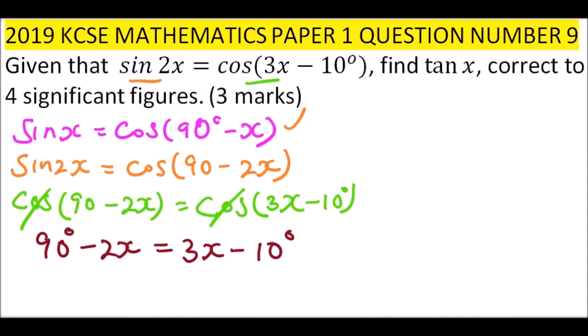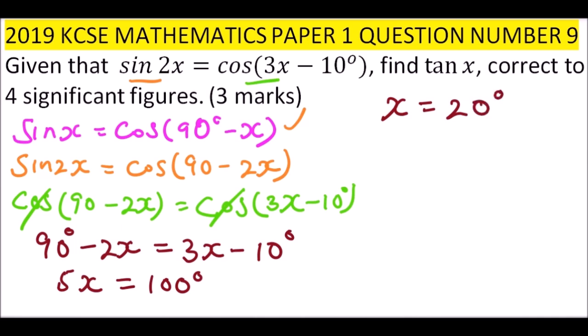Put the like terms together. We will have 5x, that is 2x plus 3x, is equal to, when 10 crosses the equal sign, it becomes positive, 90 plus 10 is 100. You divide by 5, you get x is equal to 20.